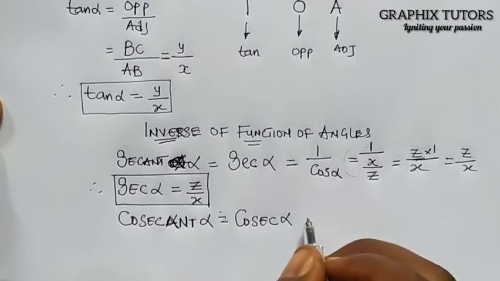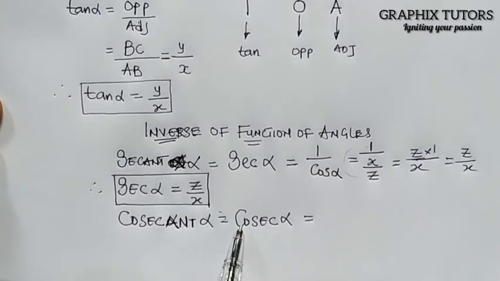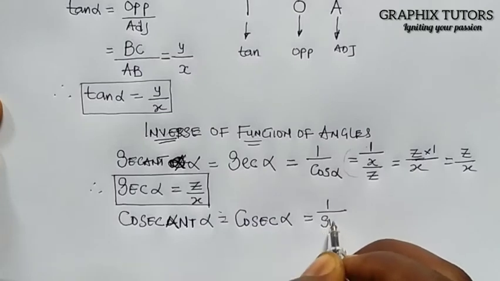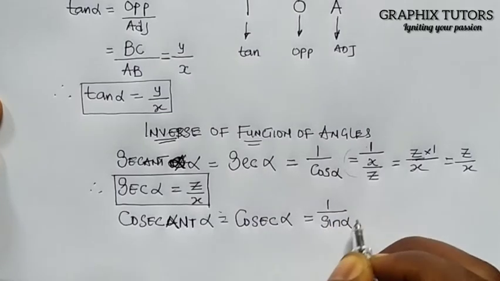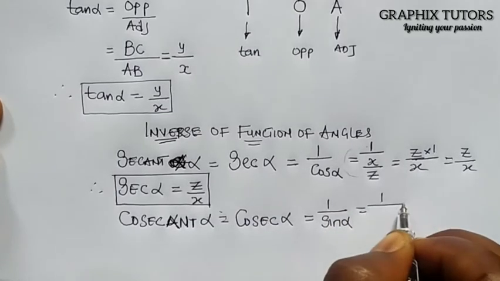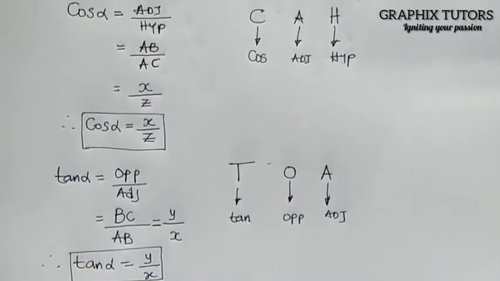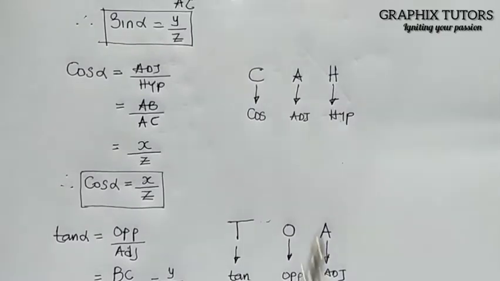The same is the inverse of, you count 1, 2, 3. S is for sine, so we have 1 all over what? Sine alpha. And what is sine alpha? If you move up, you discover that sine alpha is giving us what?